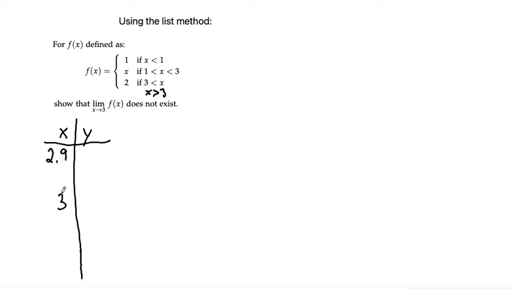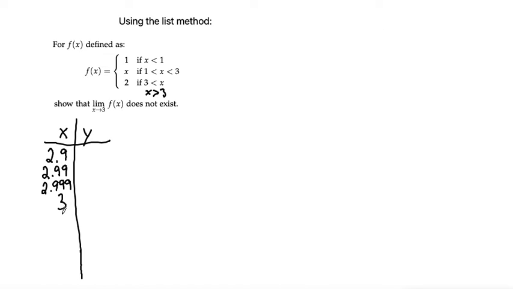and then I want to approach 3, getting closer to 3 incrementally, but not actually getting to 3. So let's go 2.99 and then 2.999. So we're getting closer to 3, but we're not actually getting there.